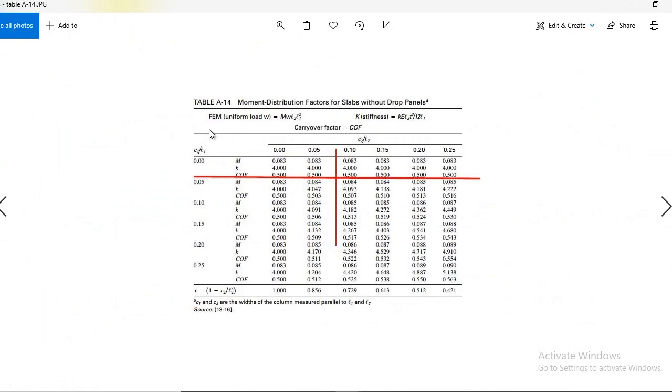This is table F14, and from here you will get M, K and carry over factor values for your Ksb determination. What is Ksb here? So Ksb equals K times E Is divided by Lc, that is the clear length.